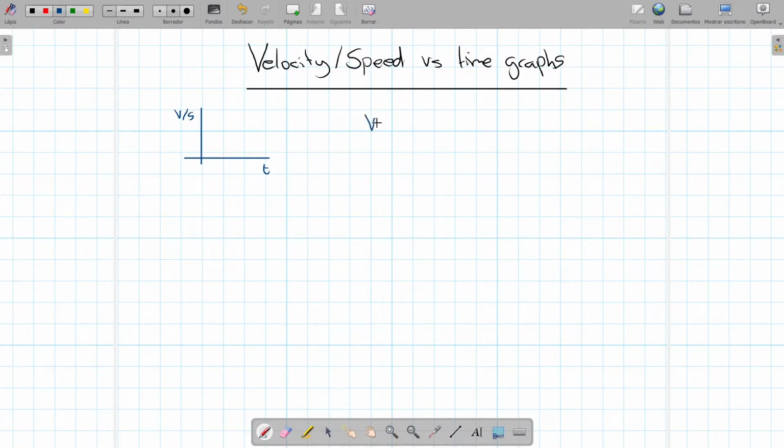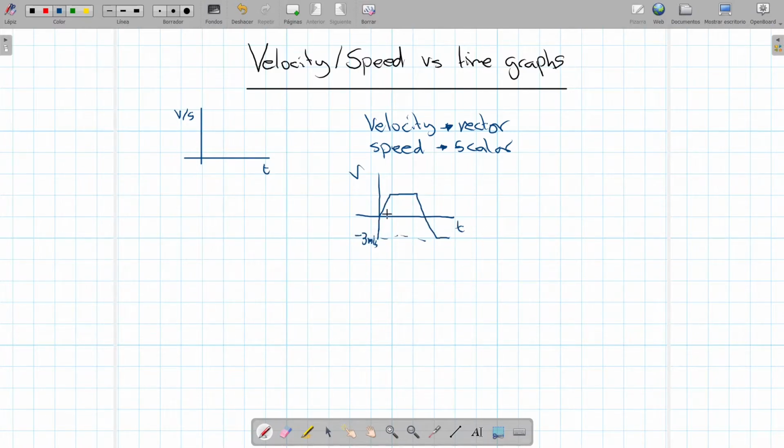Remember that velocity was the vector, and speed was the scalar. Okay, so in our graphs, the main difference is that if we have a velocity versus time graph, we can have negative velocity, which means that the velocity is going in the opposite direction.